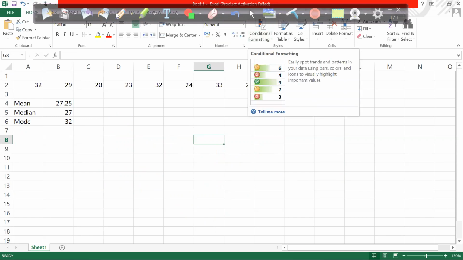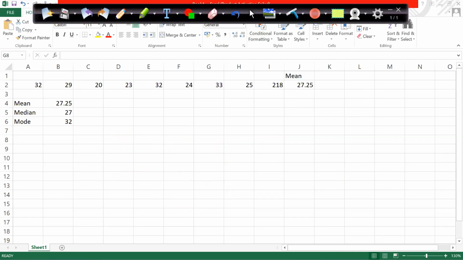Let's say I have this data set and I try to create a plot. Suppose I have a plot here, and I'm trying to plot the values. The value is 20, so 20 has one iteration. Then 23 has one iteration.